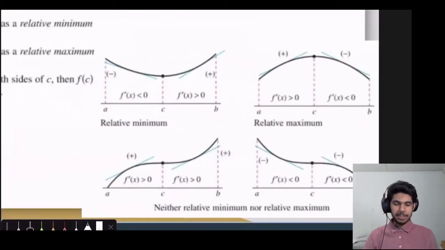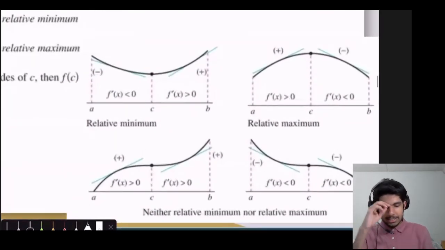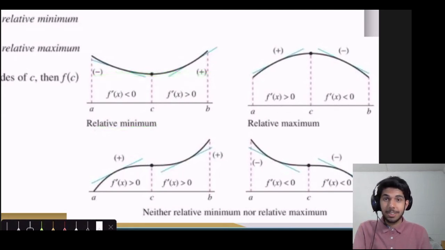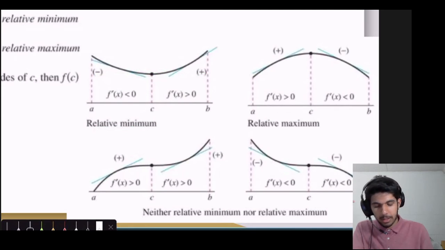So let's take a look at these pictures. It's important to remember c is a critical point. So in this first example here, if we take a look at the first derivative, it's clearly 0 there. The tangent line is horizontal, so that's a critical point. To the left of c, the function is decreasing. The slope of the tangent lines are negative, so it's decreasing. To the right, the tangent lines are increasing.